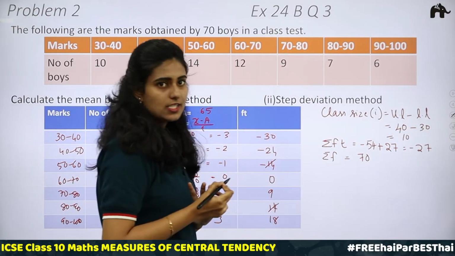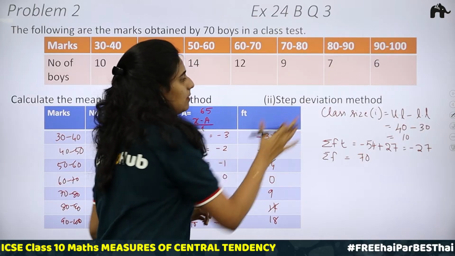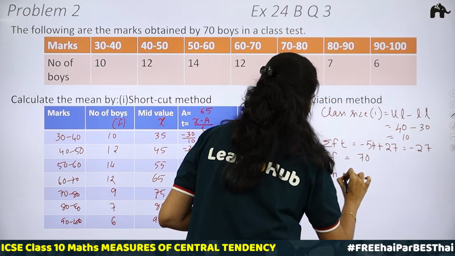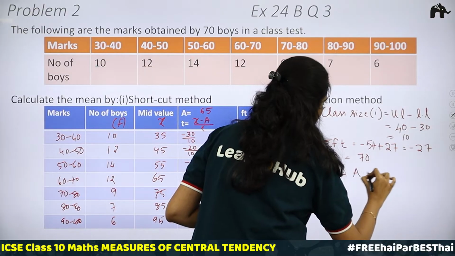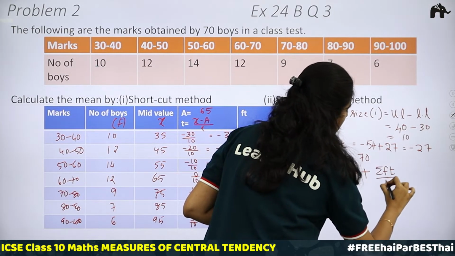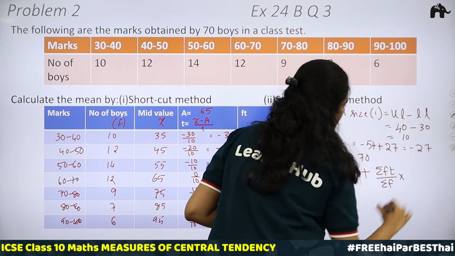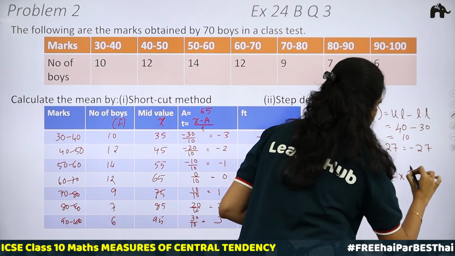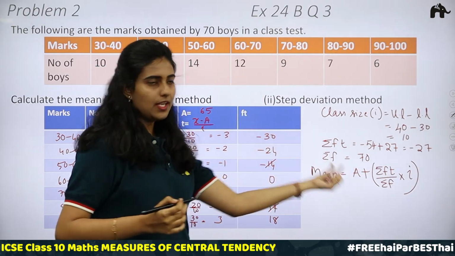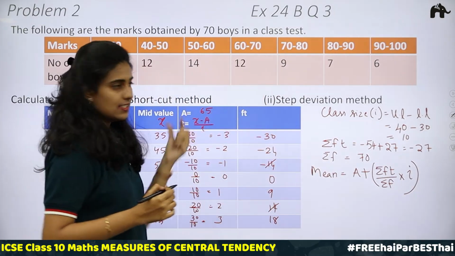Okay. Now what is the formula to find mean using step deviation method? In this case, mean is equal to assumed mean A plus summation ft divided by summation f into class size I. Okay. Now put the value. What is assumed mean? Assumed mean here again it is 65.